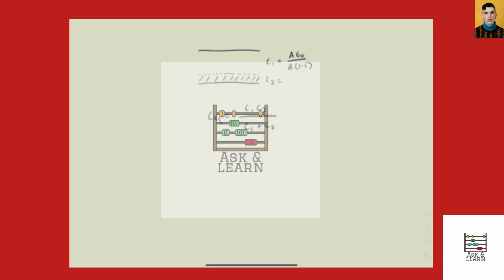And then C2, well, now we have a dielectric constant, so kappa times A times epsilon naught over D, and it's filling a fraction F.